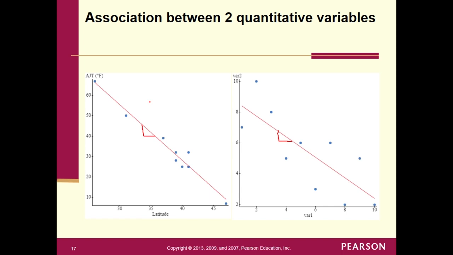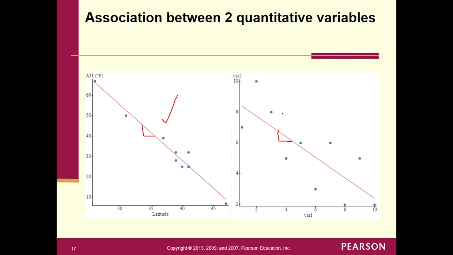Which one would you say is a stronger relationship, the one on the left or the one on the right? Which one has a stronger linear relationship? What does your intuition say? Did you say this one over here? Well, if you did, correct. So the closer the dots are to the trend line, the stronger the linear relationship.